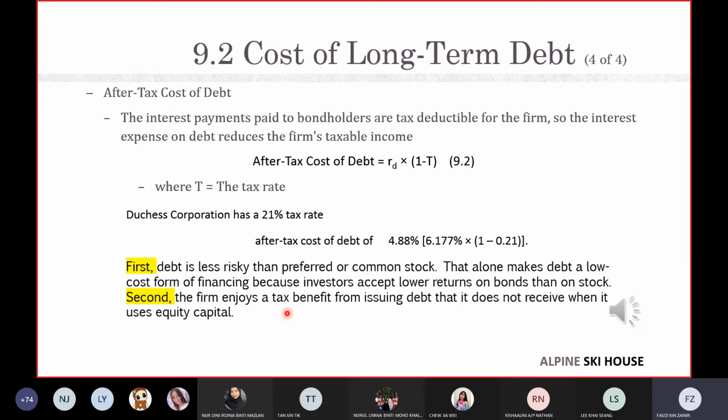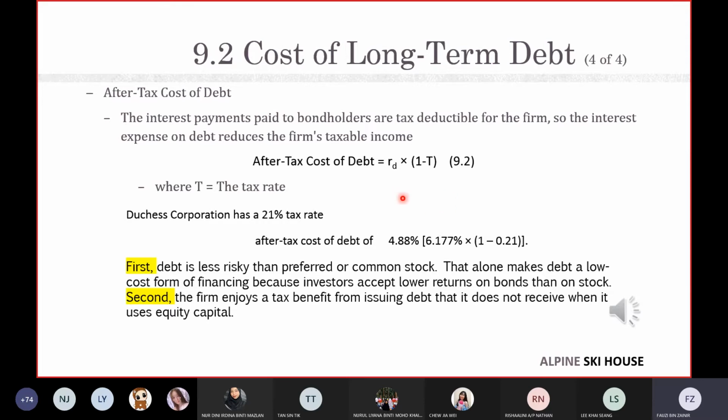So when you calculate the tax on the lowered income, you are paying less tax. So as a result, we find that the effective rate the bond issuer pays is not the yield of 6.8%, even though they lose some because of the cost of financing, the net proceeds, because of the flotation cost.